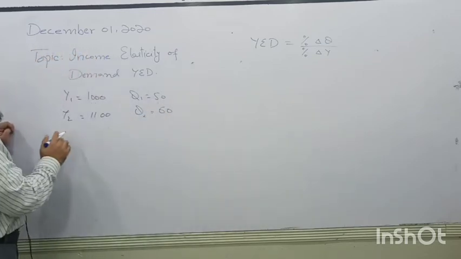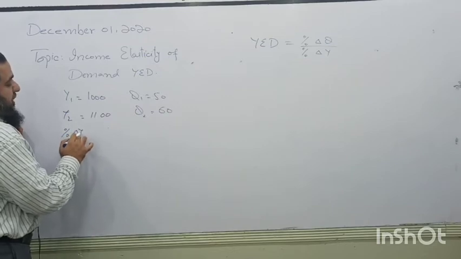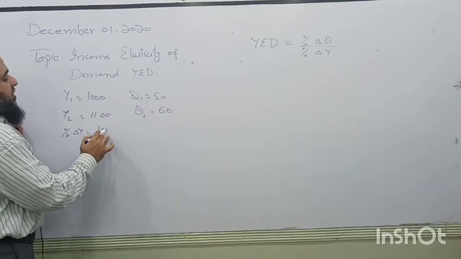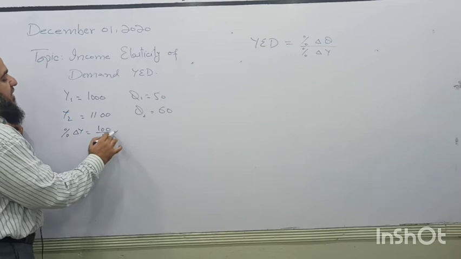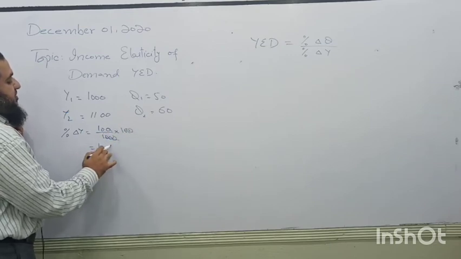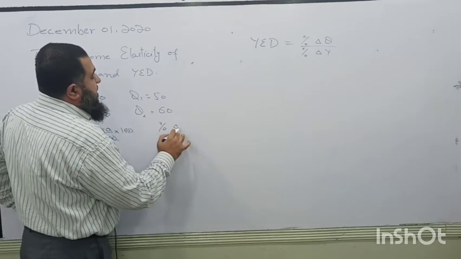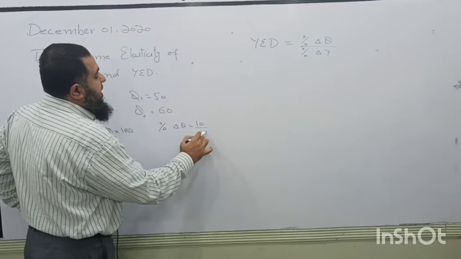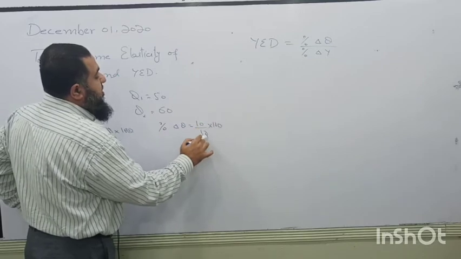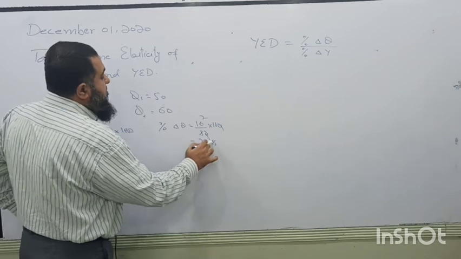The percentage change in income you can find the same way: 100 over 1000 into 100, so the answer will be 10%. Whereas the percentage change in quantity is 10 over 50 into 100, so it is now 20%.